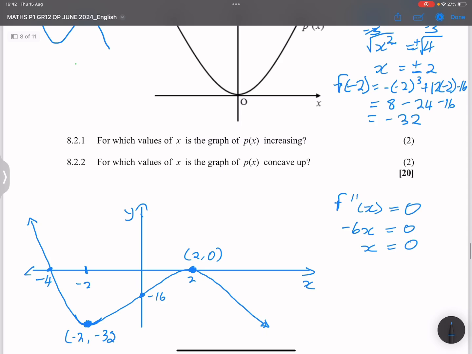But now we need the coordinates of the point of inflection. When x is equal to 0, we know that y is equal to -16. That's the y-intercept, isn't it? So we know that this is going to be 0 and -16. Now let's find out what the derivative is at x is equal to 0.